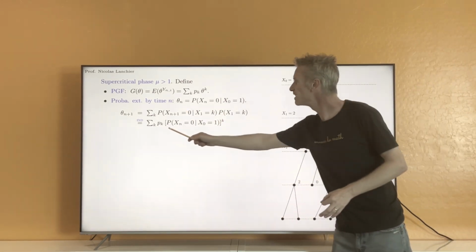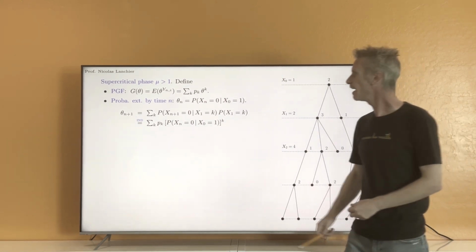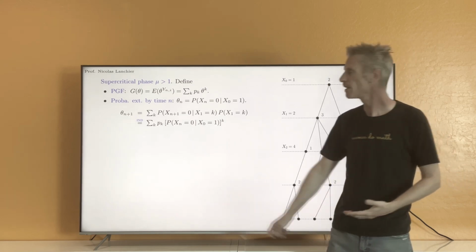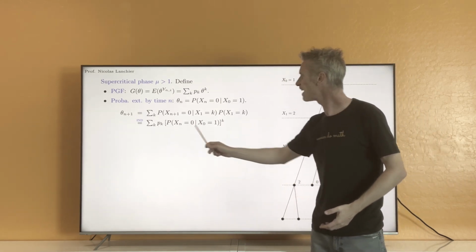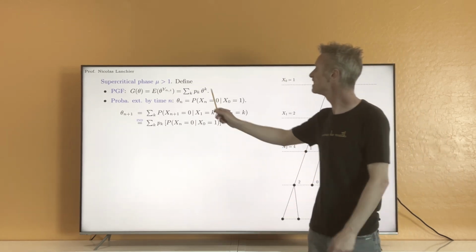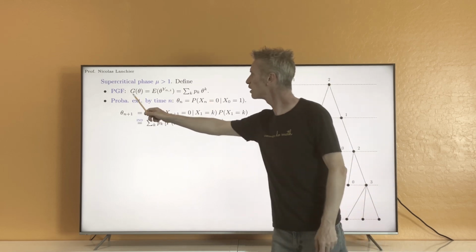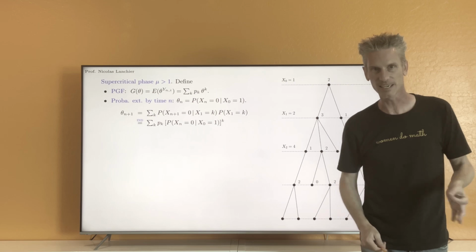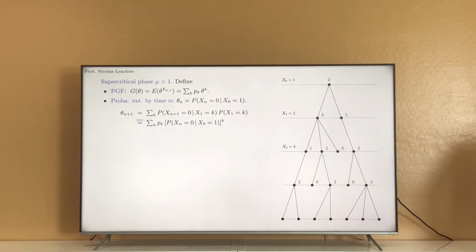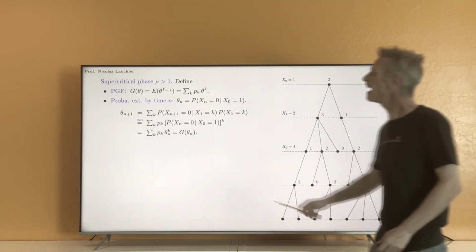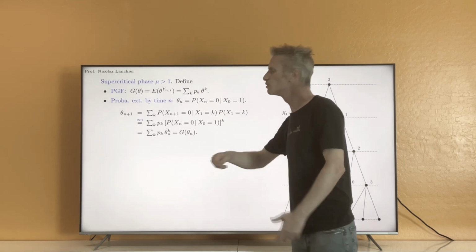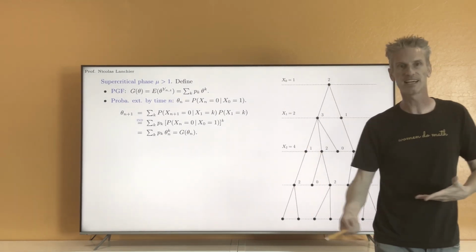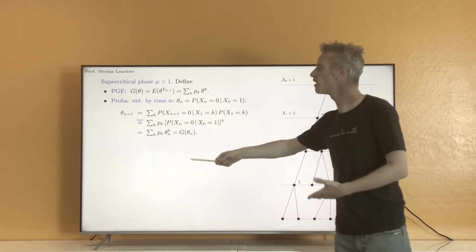So I can replace that by theta_n, and that tells me that theta_{n+1} is equal to the infinite sum of p_k times theta_n to the power k. But that's exactly the expression of g(theta) for theta equals theta_n. And so we can conclude that theta_{n+1} is equal to the infinite sum over k of p_k times theta_n to the power k, which is exactly g(theta_n).